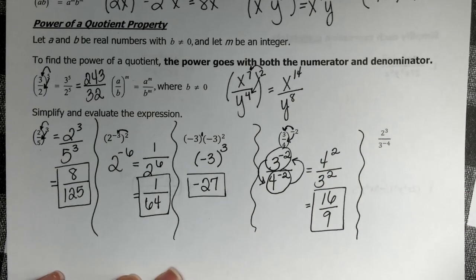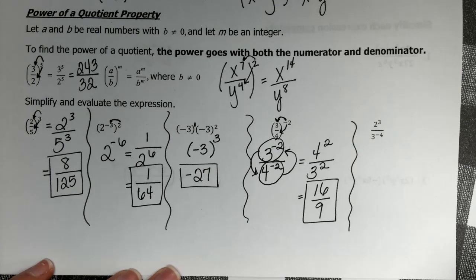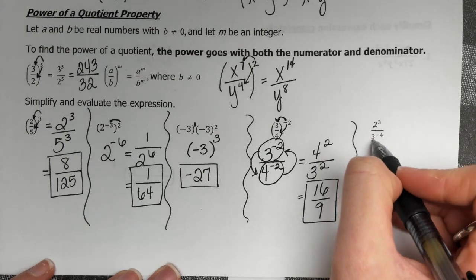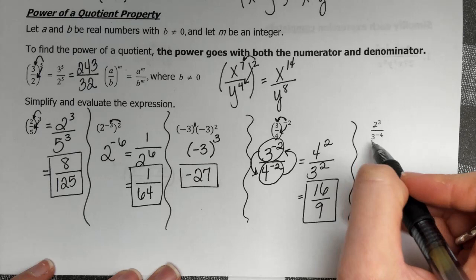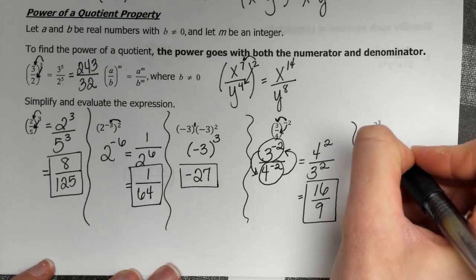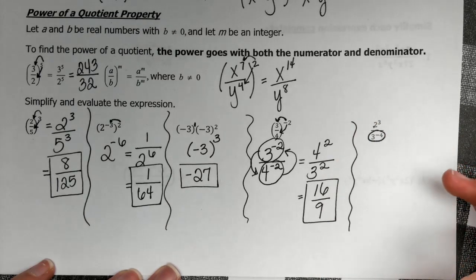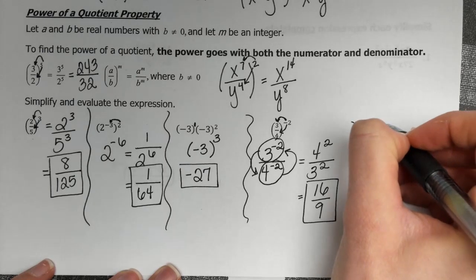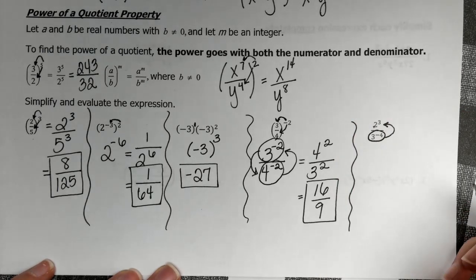Alright, now this next example, I've got 2 to the third power over 3 to the -4. Are those like bases? No. I got a 2 and I got a 3. Those are not like bases, so I can't subtract those. But I do know this 3 to the -4 is negative, so it needs to come up. But does the 2 to the third need to move?